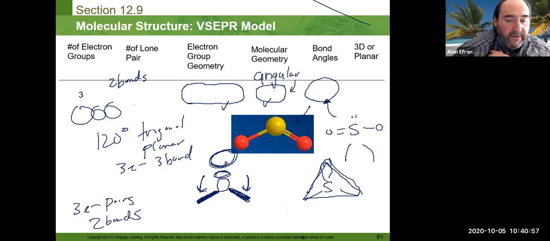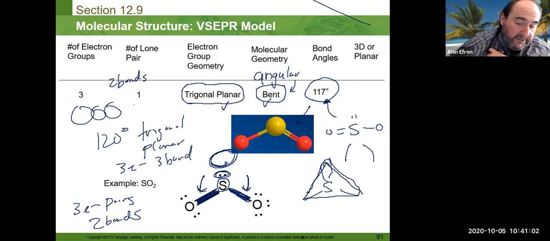We also saw another one here that had 3 electron pairs around the central atom towards the end. Again, 1, 2, and 3 electron pairs. And it had only 1 and 2 bonds, so 3 electron pairs and 2 bonds. So here's where we're going to start to see a change in the names.